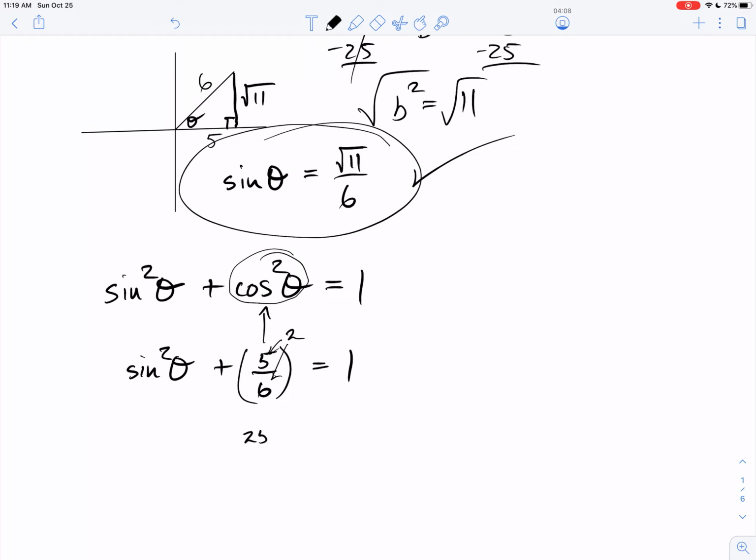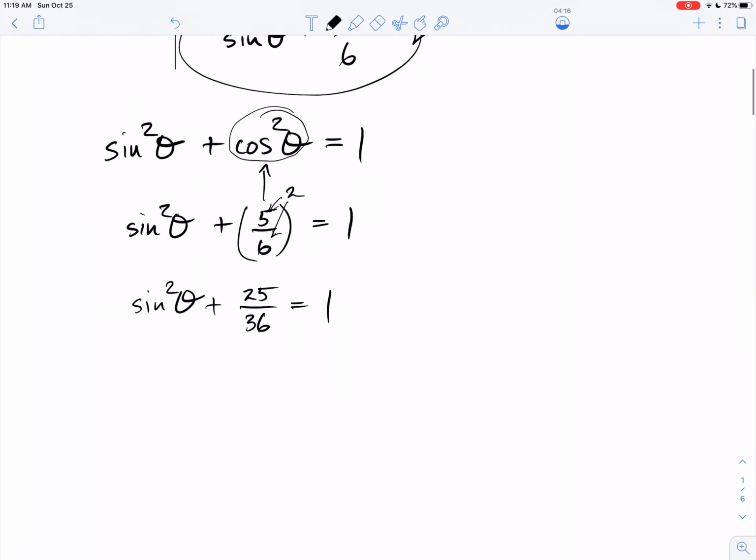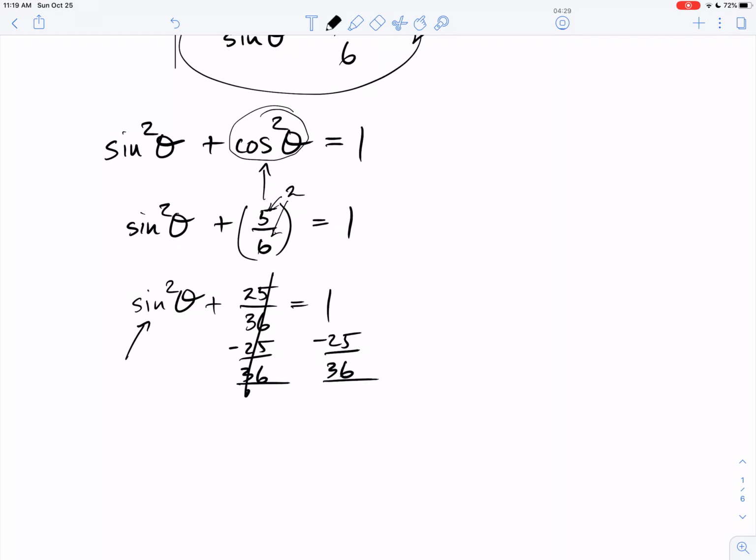So I get 25 over 36 plus sine squared theta equals 1. I'm just writing down the steps in my equation. I'm going to get this by itself, so I'm going to take away 25/36 from both sides. And I will have sine squared theta equals, on the other side, what's 1 take away 25/36?